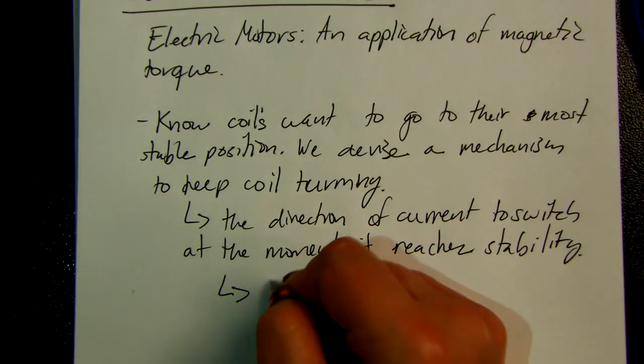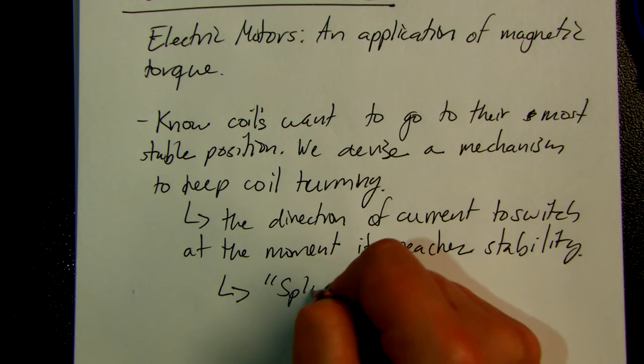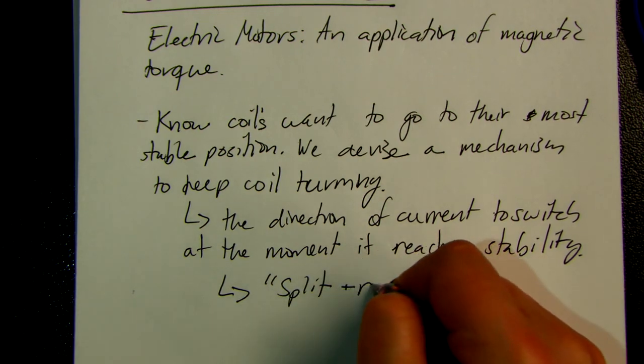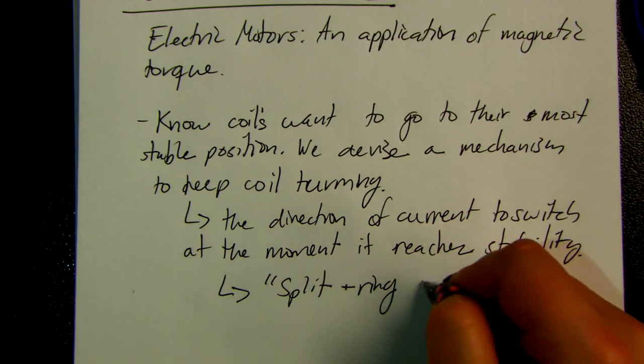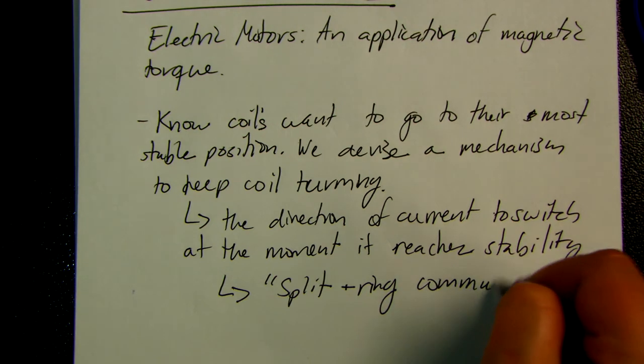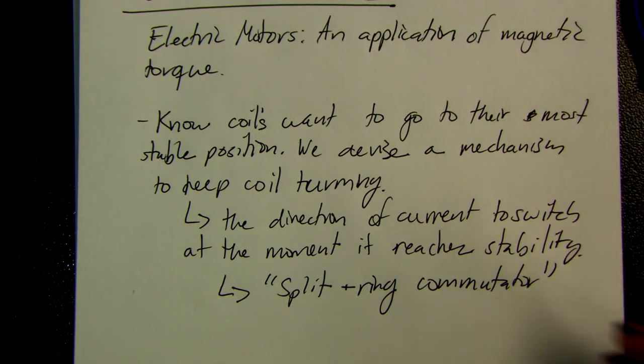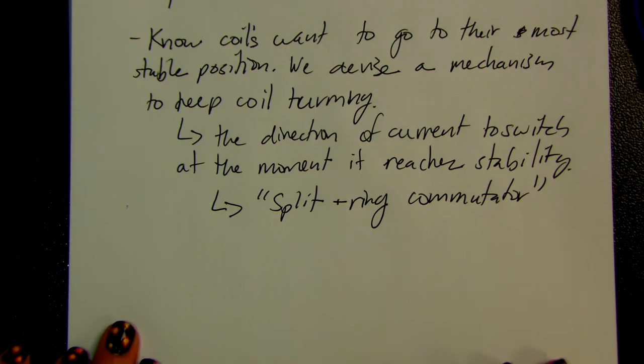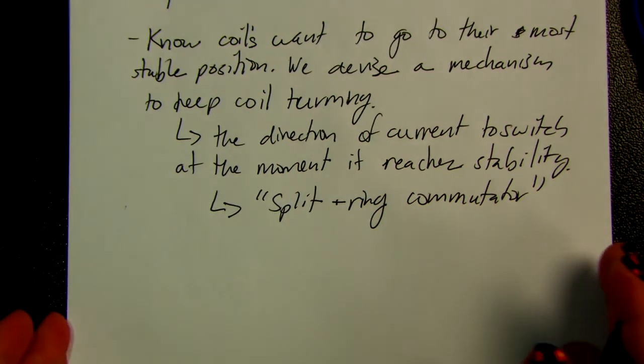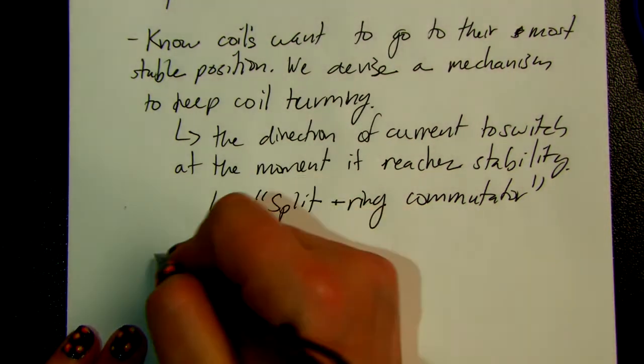So you could do this with a split ring. So in motors, you've got a current carrying wire in a magnetic field that's constantly rotating because it wants to find stability.